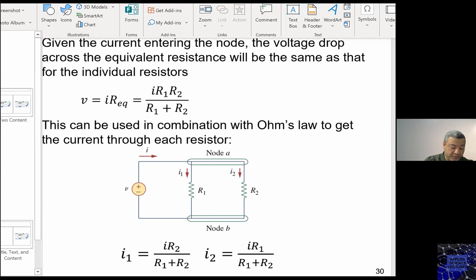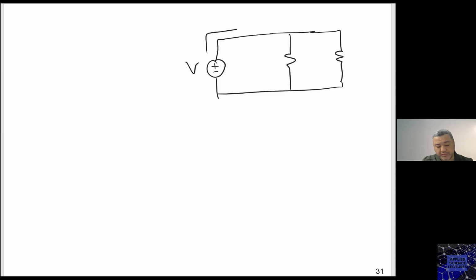If I want to apply the current division and I have those two resistors that are in parallel, this one is I1 and this one is I2. Let's assume I want to find I1 using the current division.